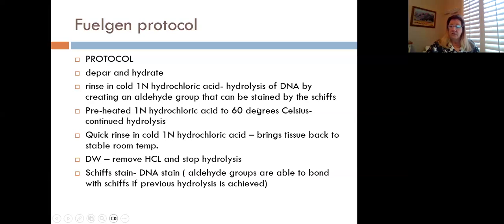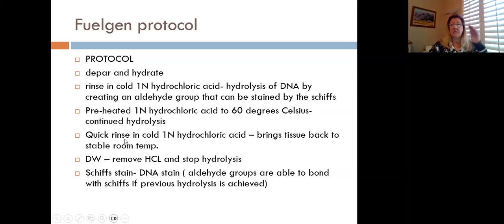Then you have to go into a heated 1-normal acetic acid that has been heated to 60 degrees Celsius. That's going to continue that hydrolysis. Then you're going to go into a quick dip of 1-normal hydrochloric acid that is cold, sort of room temperature, just to bring down the temperature from heating it in this acid.